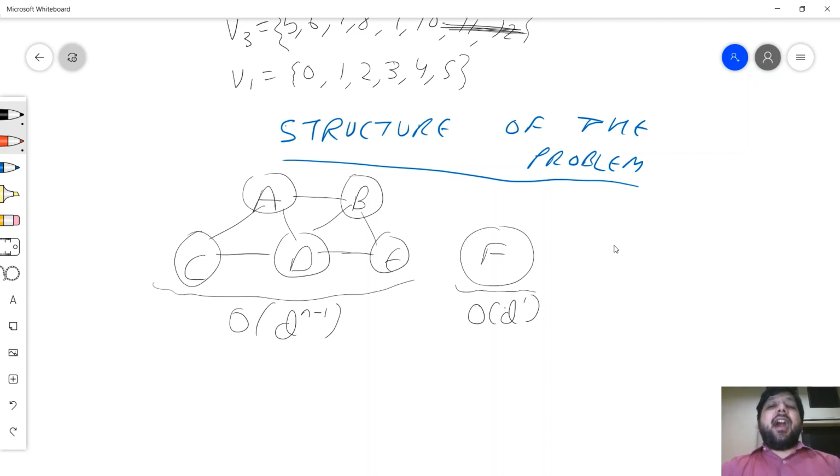If I have in my complete graph disconnected cycles, each one with a maximum length of c, then d raised to power c is the total computation that I have to do.